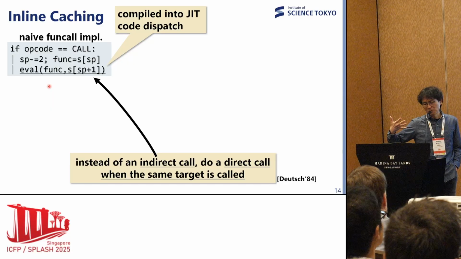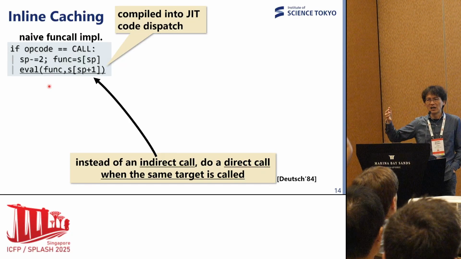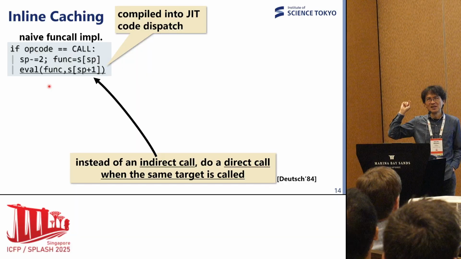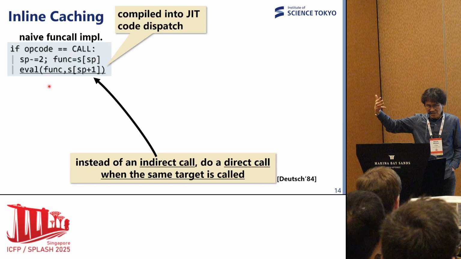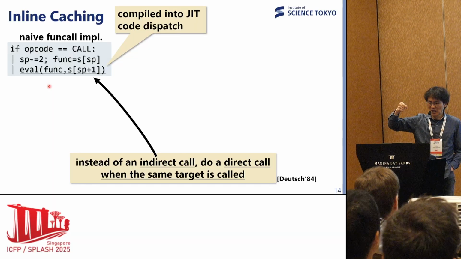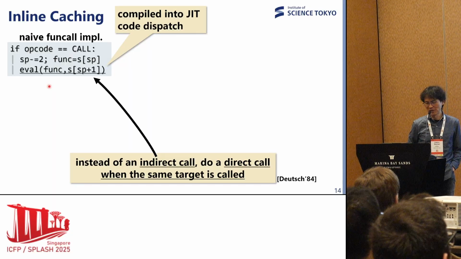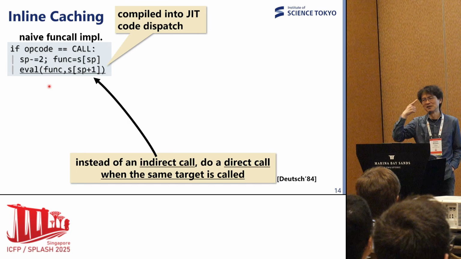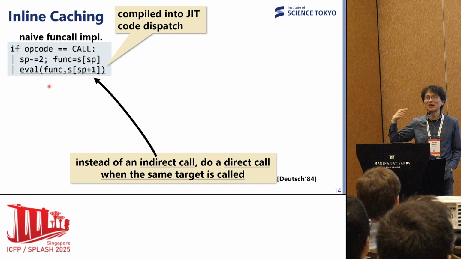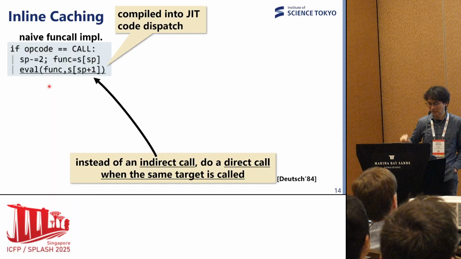By using RPython, this is going to be compiled into code that just performs the interpreter call. Inside of the interpreter call, it's just going to dispatch to the just-in-time compiled code. So you can understand this is going to be compiled into an indirect branch, an indirect jump.